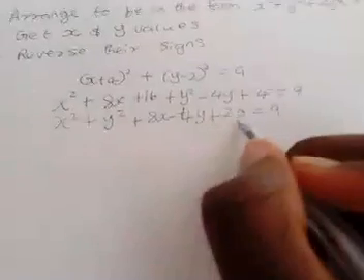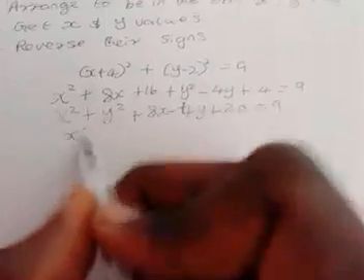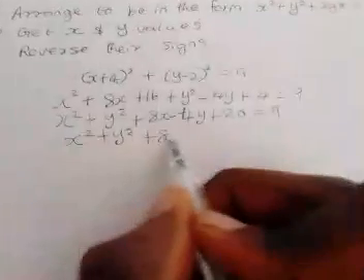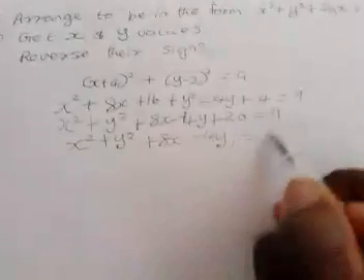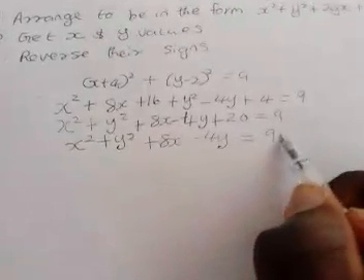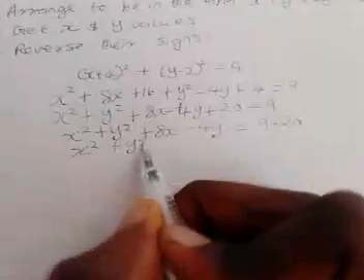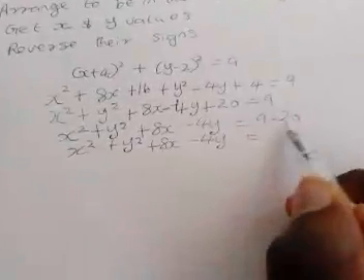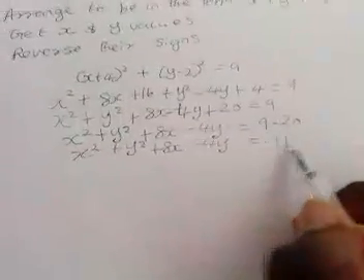So I'm going to bring this 20 over here. x squared plus y squared plus 8x minus 4y equals 9 minus 20, and 9 minus 20 is negative 11.